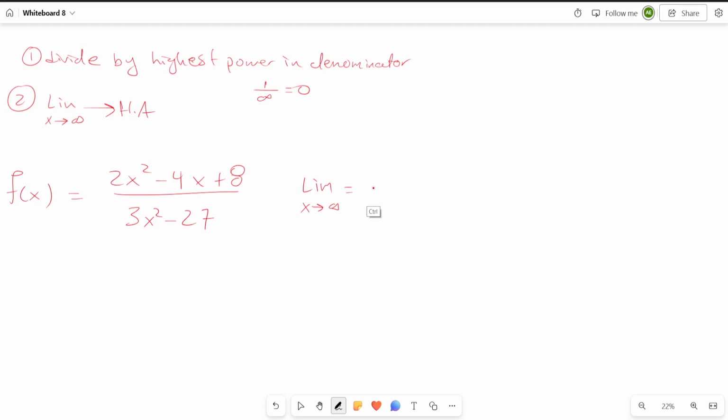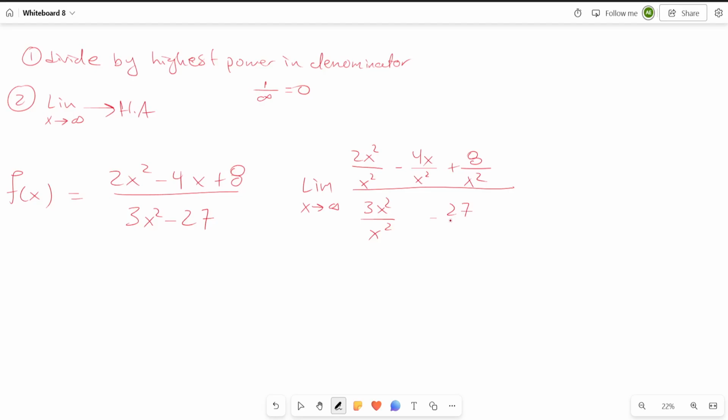So this is going to equal 2x squared over x squared minus 4x over x squared plus 8 over x squared, over 3x squared over x squared minus 27 over x squared. I'm essentially dividing everything by x squared.